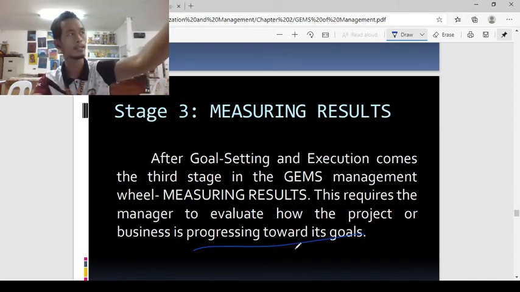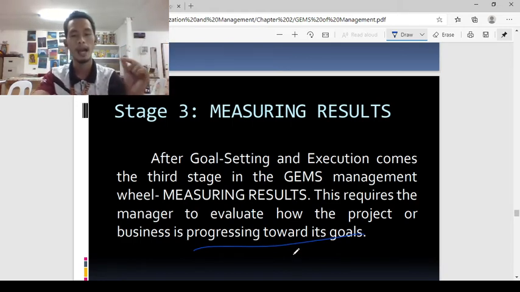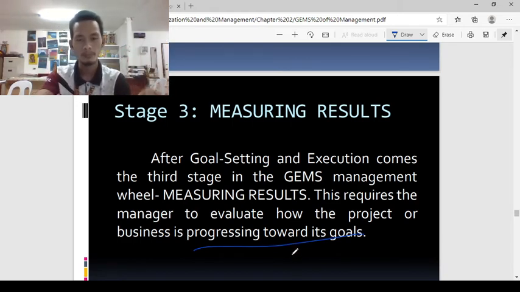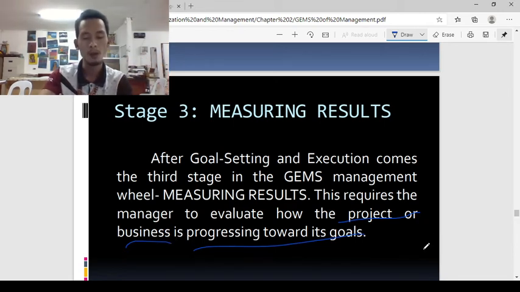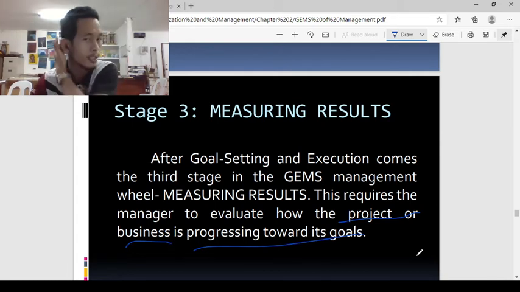In goal setting and then executing the plan. After executing the plan, there is always a need to evaluate the progress, diba? The progress of the business, the progress of the project, whether asa na siya, na-accomplish ba gid siya o wala. So, there is a need for measuring results or performance evaluation, performance appraisal.